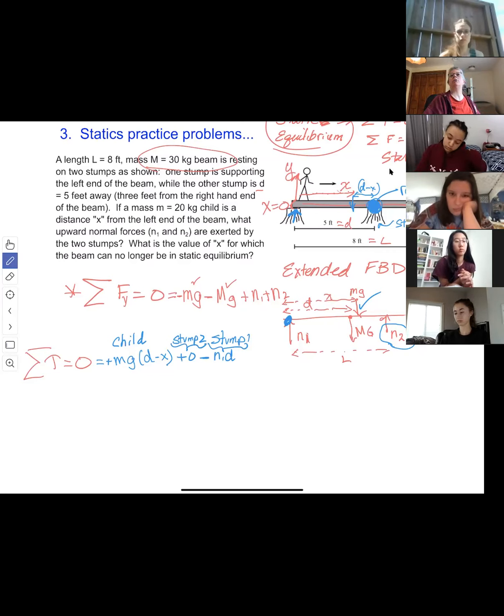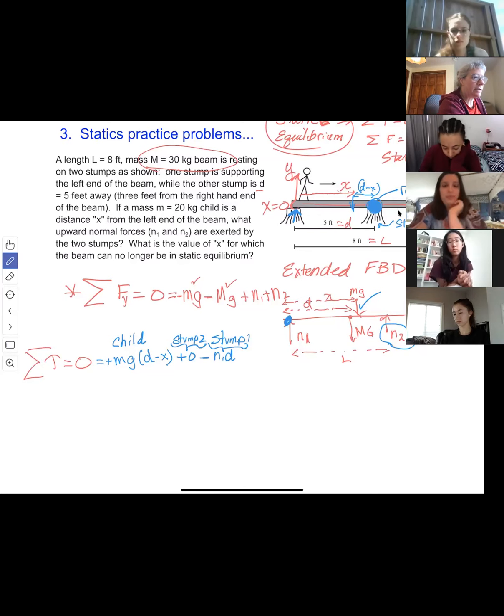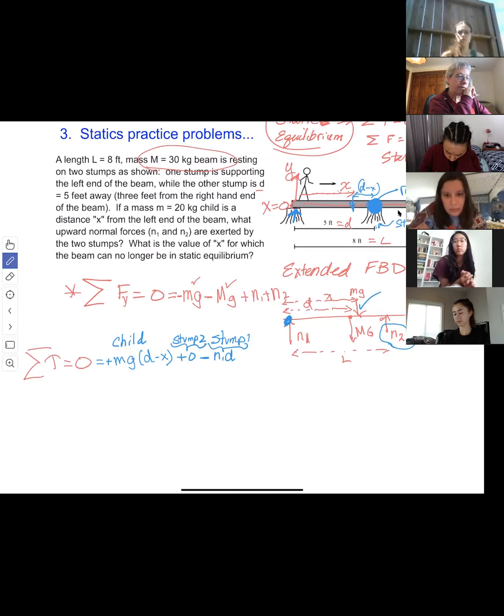I see also Jackie was in your room. Jackie, do you have an idea? Even if this wasn't the way you solved it originally, if you were rotating about this stump here that's 5 feet in, and the whole thing is 8 feet long, what distance would you use for the lever arm if you were trying to figure out the torque due to the mass of the log itself?